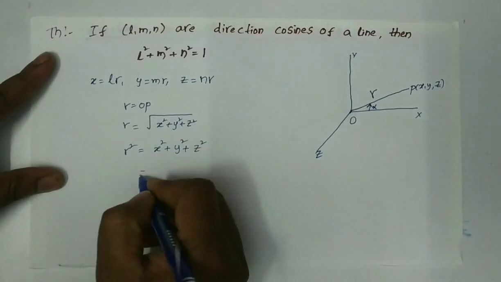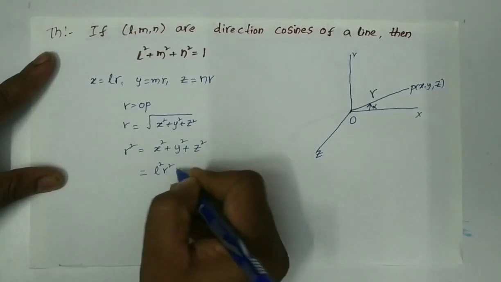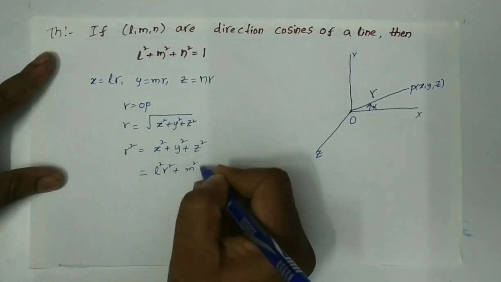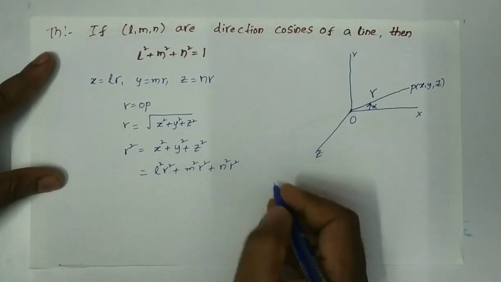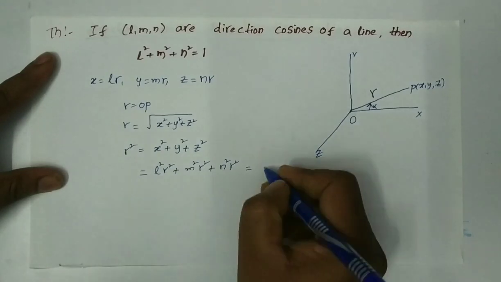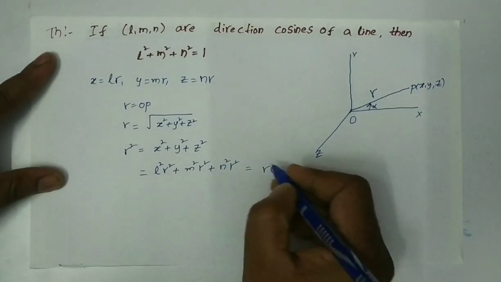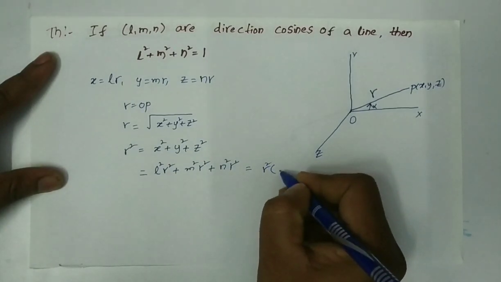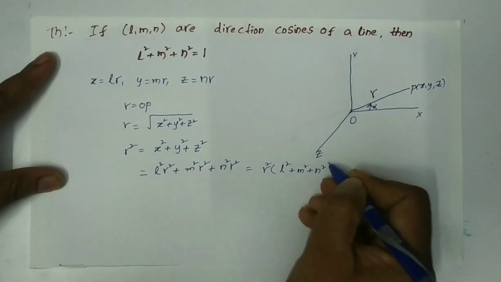Now x square is l square r square, y square is m square r square, z square is n square r square. Taking r square as a common factor, we get r square of l square plus m square plus n square.